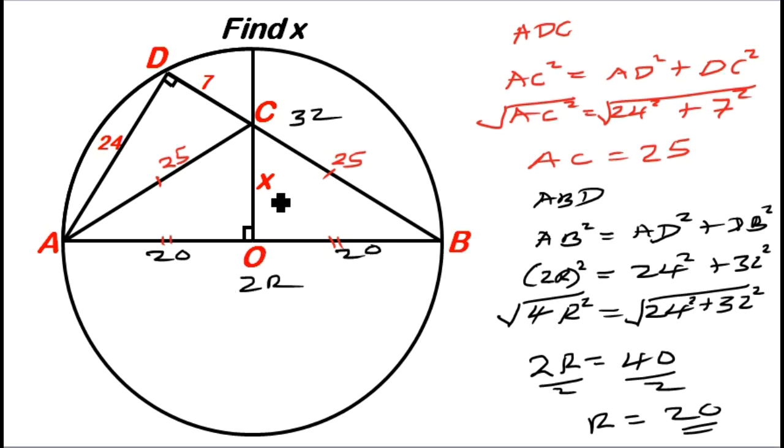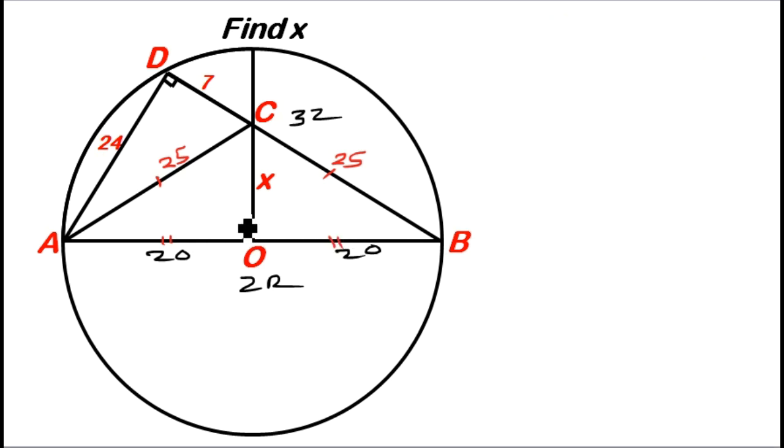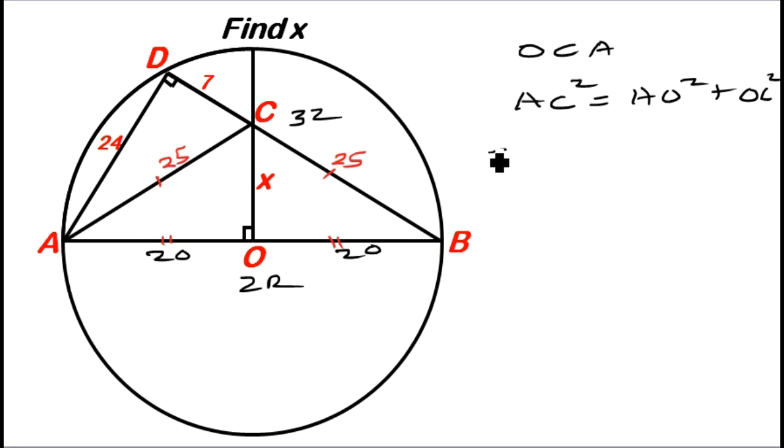Now how do we find the value of x? We can find the value of x by using triangle OCA, which is a right angled triangle. If you take triangle OCA, you can see the longest side is AC. So when you use Pythagoras theorem, AC squared is going to be AO squared plus OC squared. From A to C is 25, so that is 25 squared, equal to, from A to O is 20, that is 20 squared, plus from O to C is x, so that is x squared.